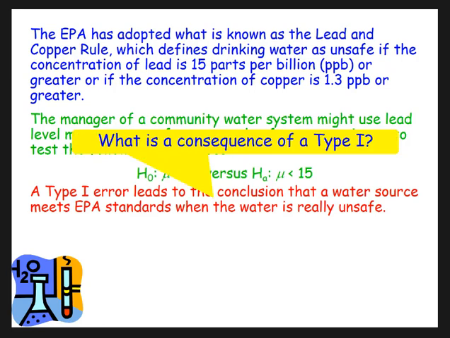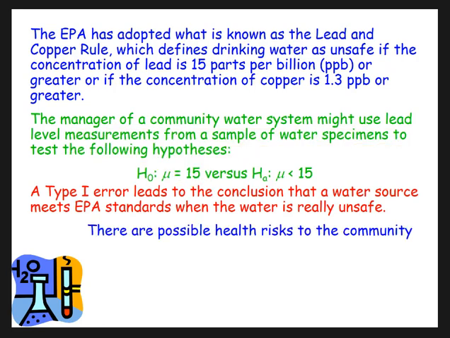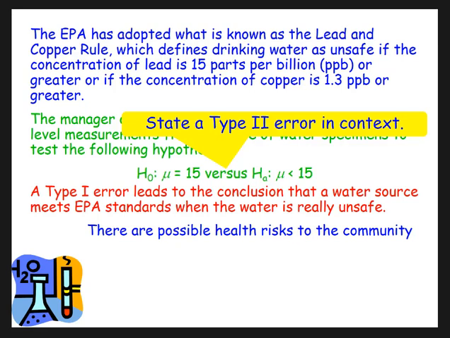So we want alpha to be very, very small, since that type 1 error is a huge risk, has very bad consequences if we allow it to happen. Type 2 error is we conclude the water's bad even though it probably is safe. Well, this isn't a bad thing, because we're going to look for a safer source of water.